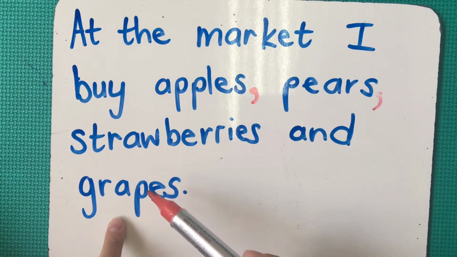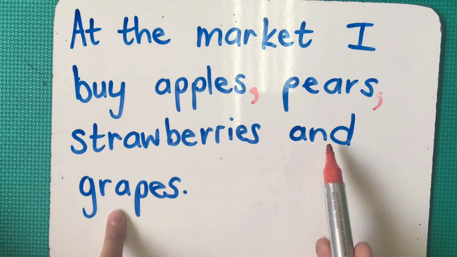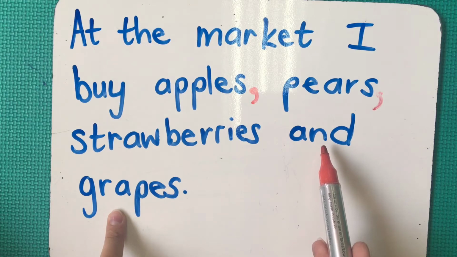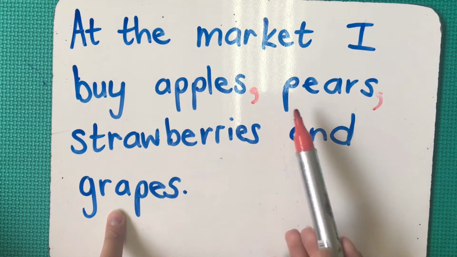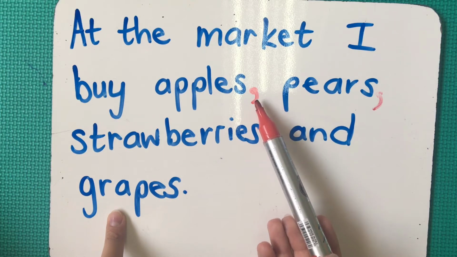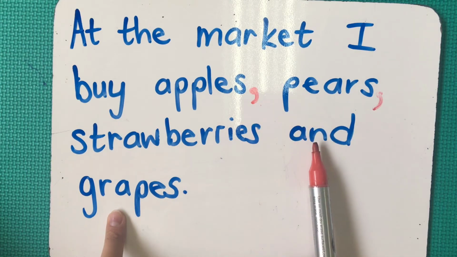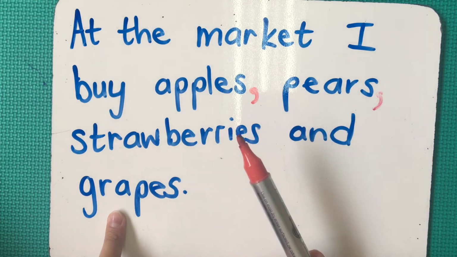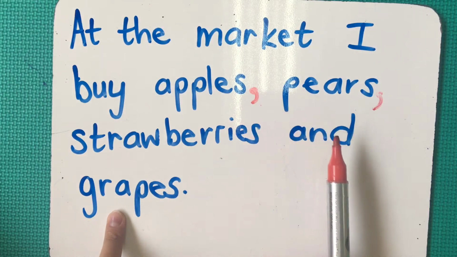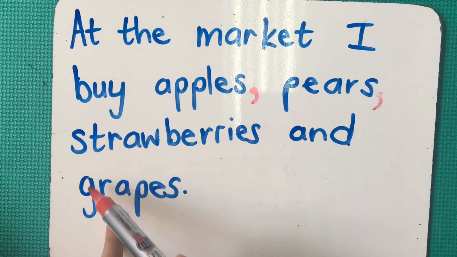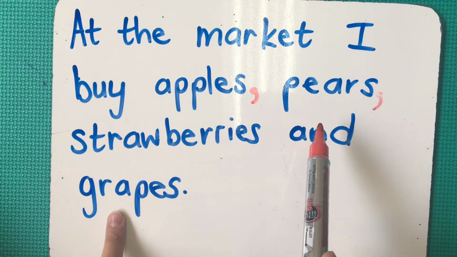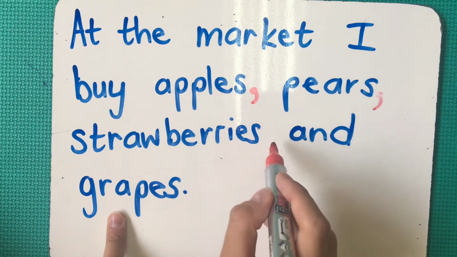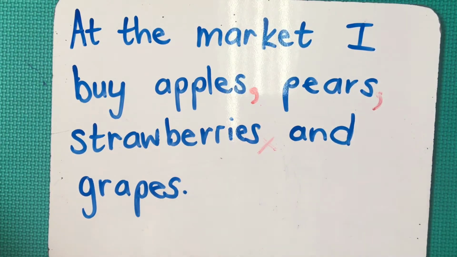But do you see, before I get to grapes, there is another word in my sentence. That is the word and. Remember, I wrote a comma here to take out the word and. So when I write the last thing in my list and I use the word and, I do not put a comma in front of and.